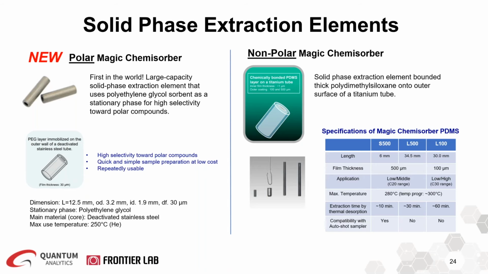This element is highly sensitive to polar compounds, and the maximum recommended temperature is 250 C. The nonpolar Magic Chemisorber is a chemically bonded polydimethylsiloxane on a titanium tube. There are 3 different sizes and film thicknesses for specific applications. The maximum recommended temperature is 280 C, and as you can see from the specification table here, the smallest one, called S500, is compatible with the AutoShot sampler, whereas the other 2 can be used for manual injection.